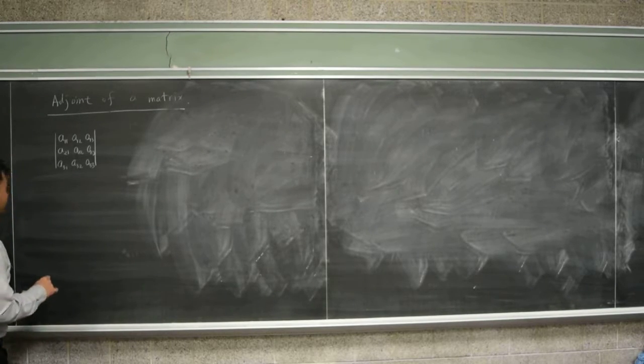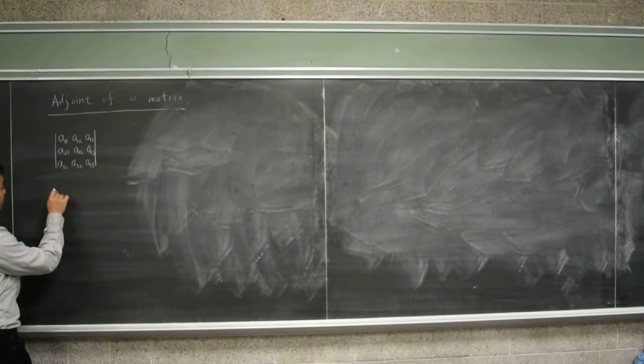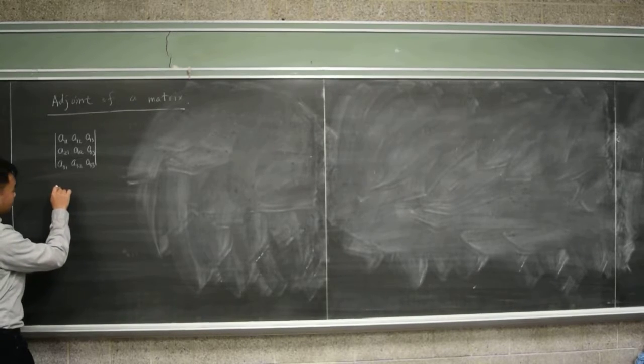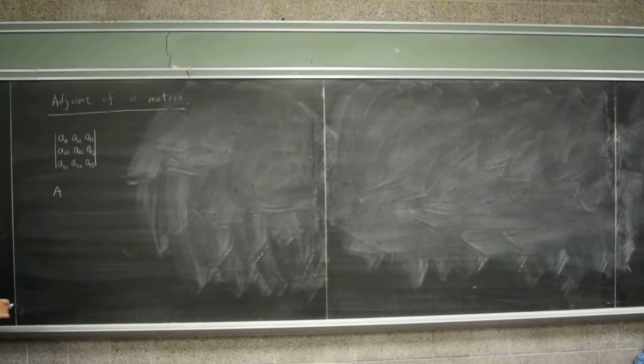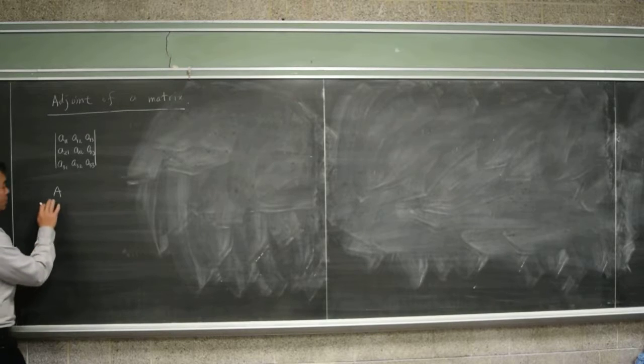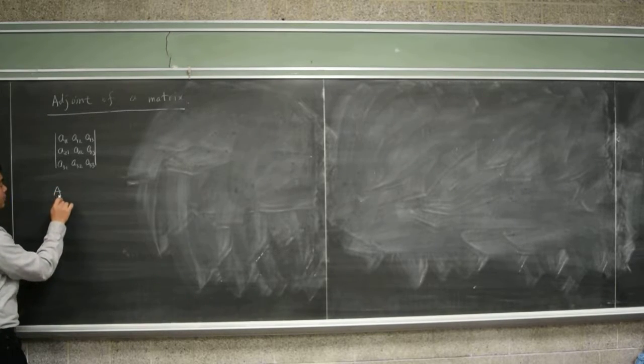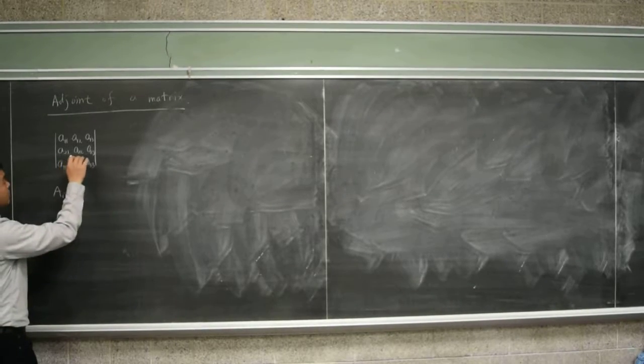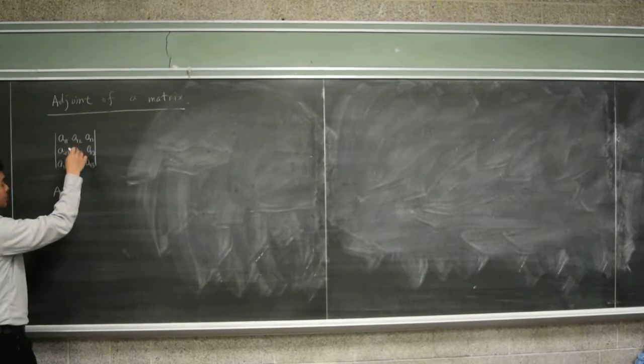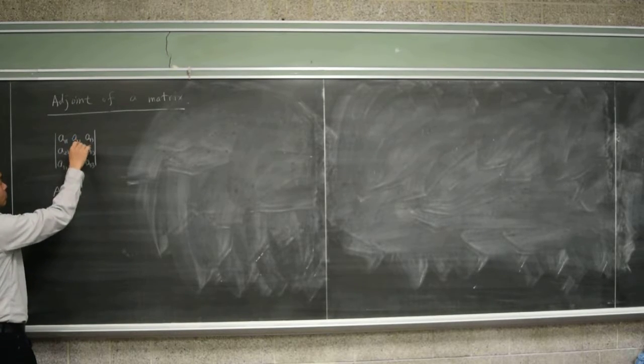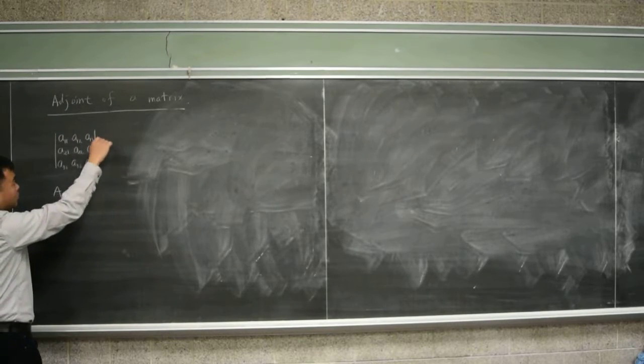And then I also denoted that there are these minor matrices, which are also denoted by capital A. It also has subscripts. So what is capital A1,2? This means it's the submatrix obtained by deleting the element A1,2, along with the same row and the same column.